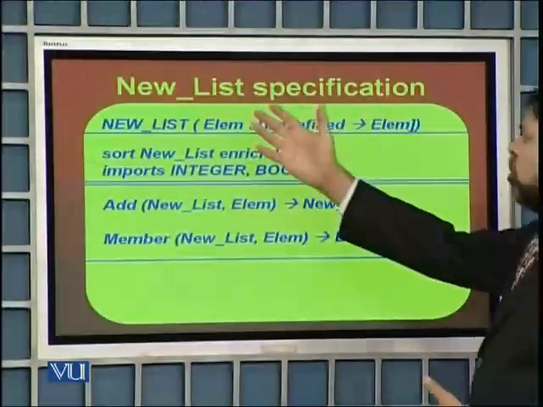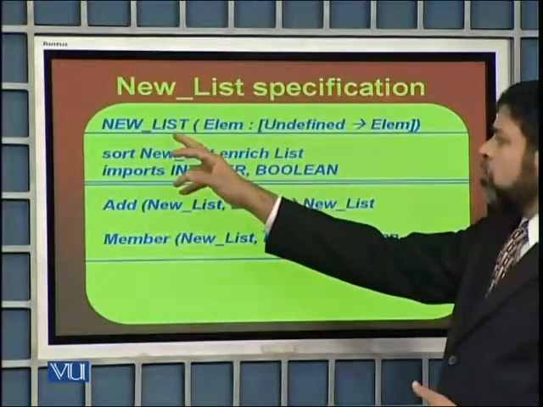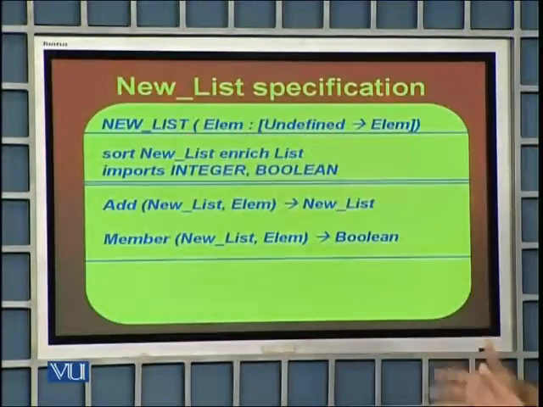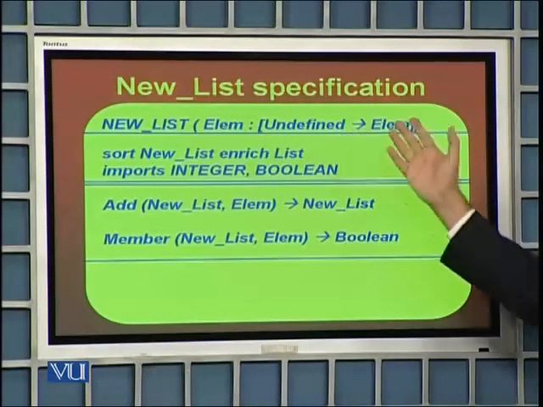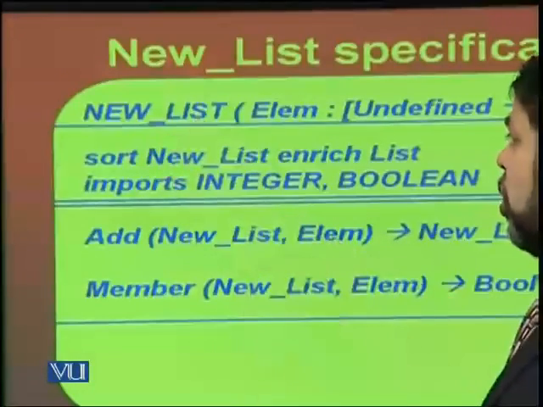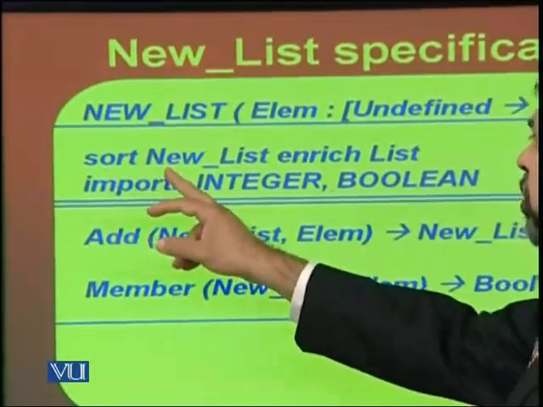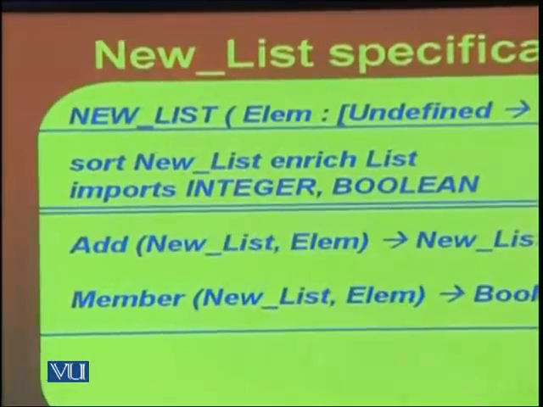What we need to do is define this new list. It will take an element which is a generic element, and undefined is one of the elements; we can have this element as undefined also. So this is the name of the specification, and this is the name of the sort, which is new list.